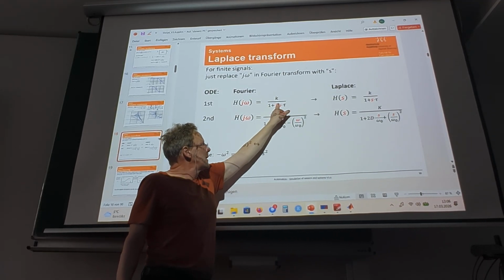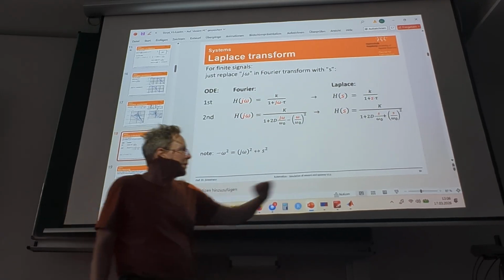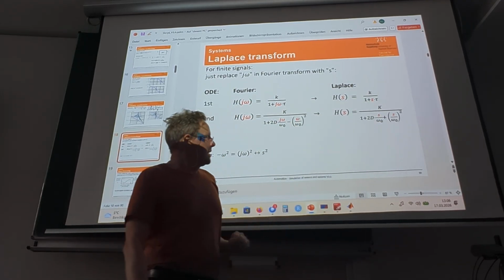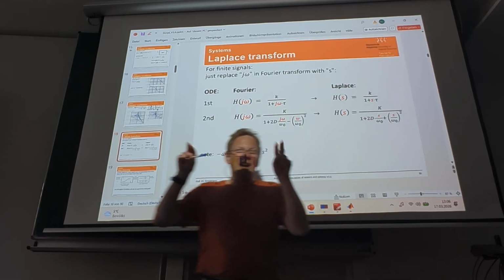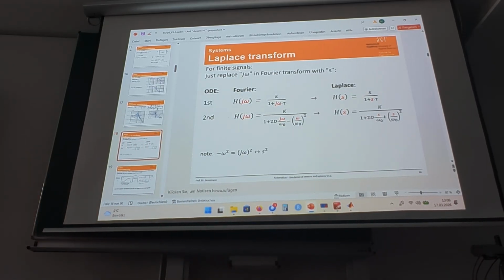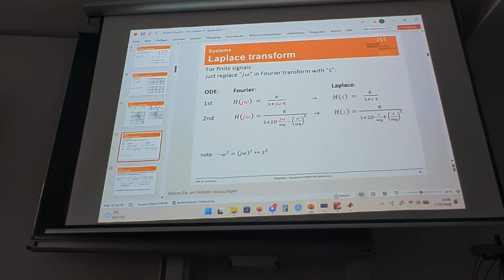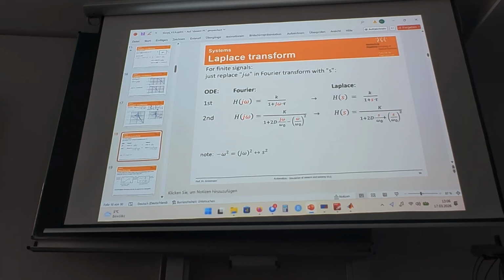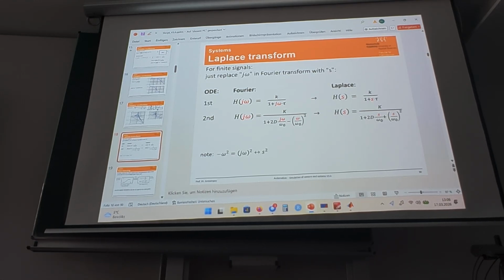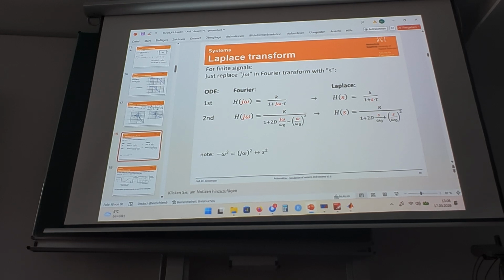We find a j omega here. We replace it with the letter S, and this would be then the Laplace transform, and this is what MATLAB takes. So we will see this next time when we see the introduction to MATLAB. It uses this Laplace form. So that's why I'm telling you this.